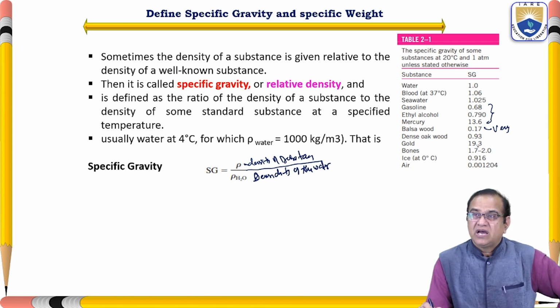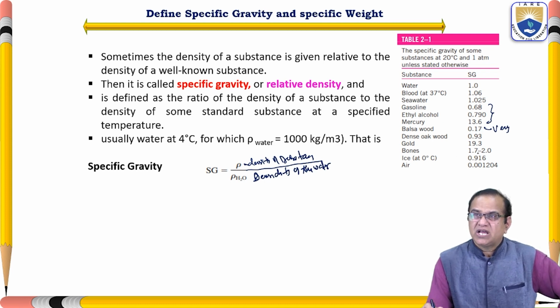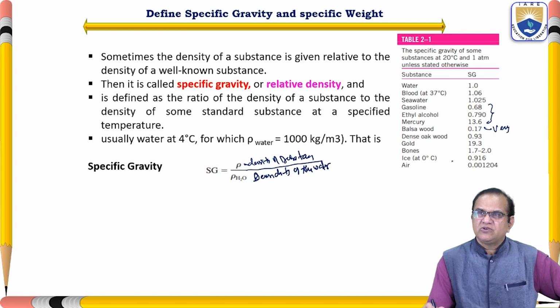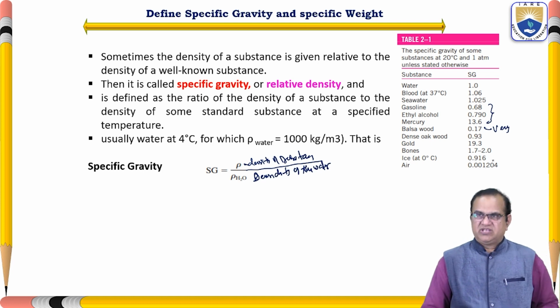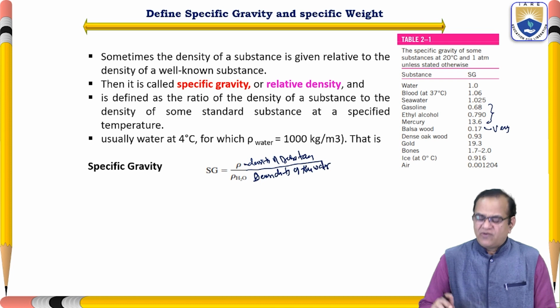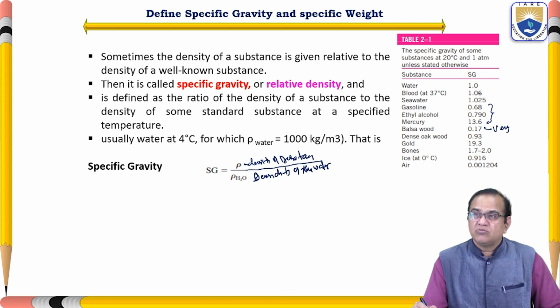Gold is heavier than the mercury. It is 19.3. Bones are 1.7 to 2.0. Ice is 0.916. And air is 0.001204. These things are only for your knowledge: water we take as 1. If the specific gravity is more than 1, it is heavier than the water.